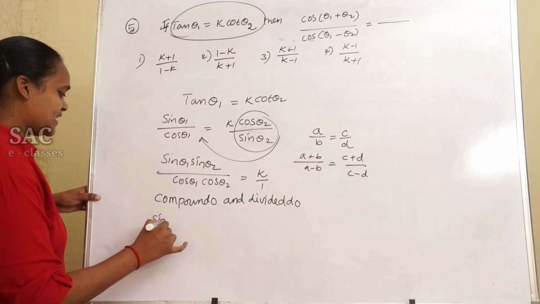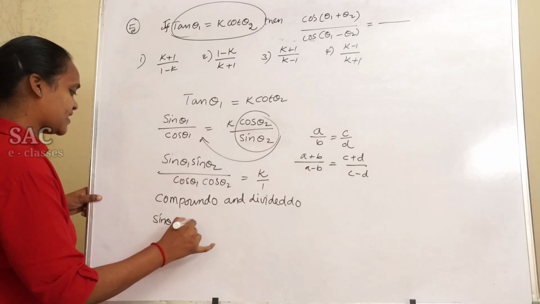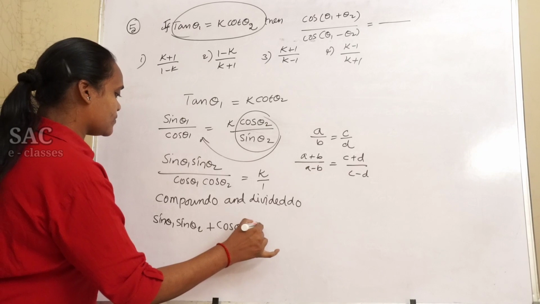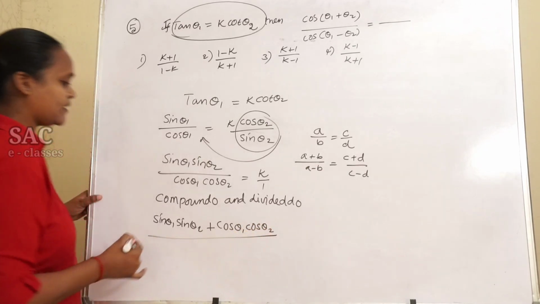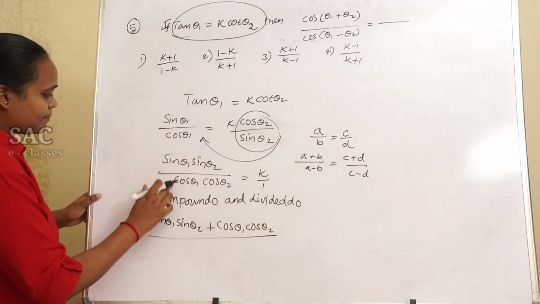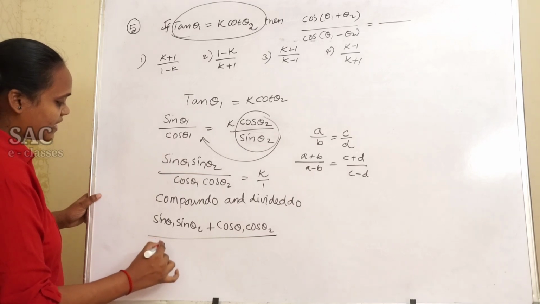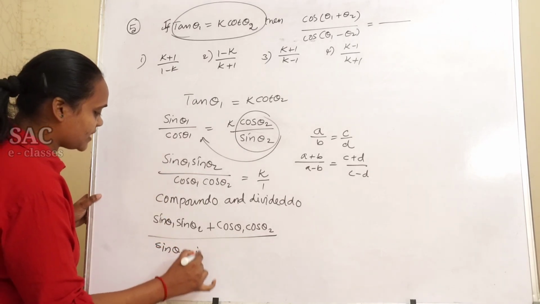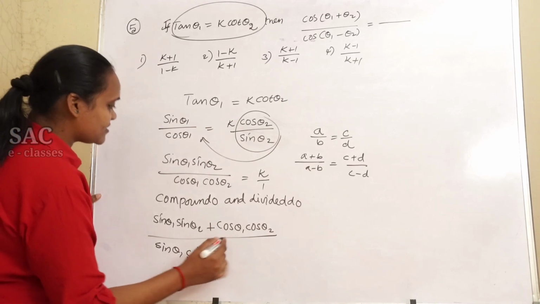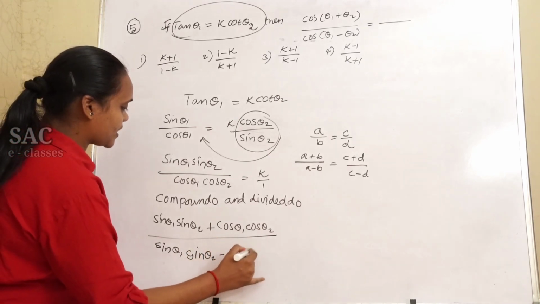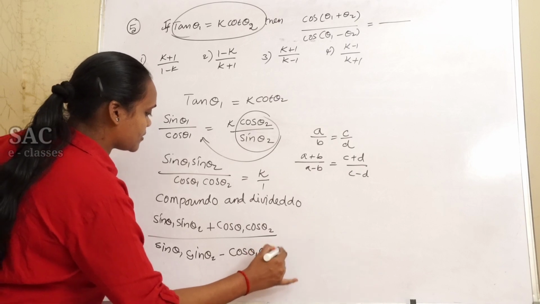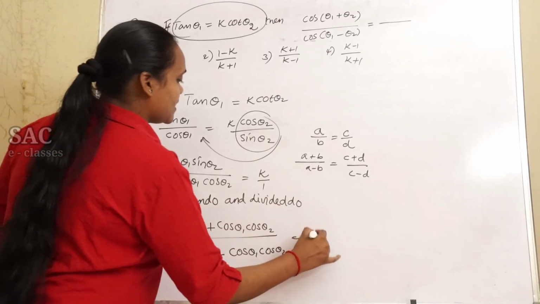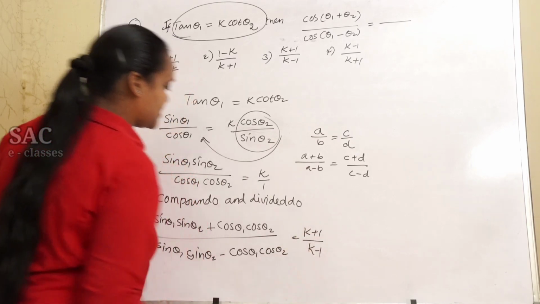Now sin theta 1 into sin theta 2 plus cos theta 1 into cos theta 2, that is numerator plus denominator. Now numerator again, what is the numerator here? Sin theta 1 into sin theta 2 minus the denominator. What is the denominator? Cos theta 1 into cos theta 2 is equal to again numerator plus denominator by numerator minus denominator.